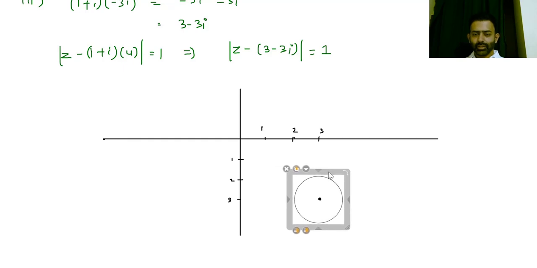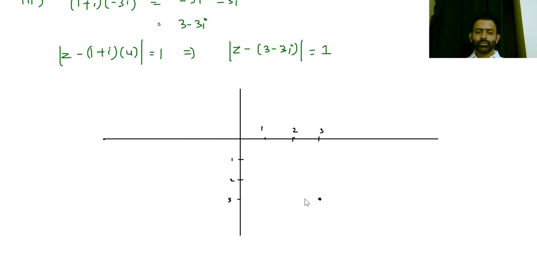Now it is looking okay. Yes, so this is your circle whose radius is 1 unit. This distance is 1 unit from 3 to 2.